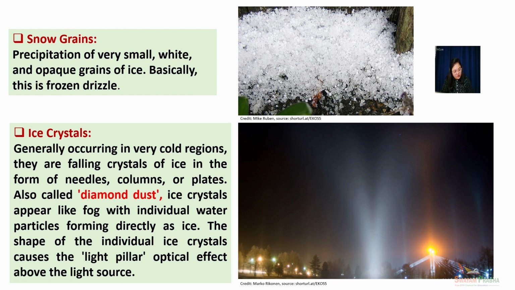They are also called diamond dust sometimes because ice crystals appear to look like fog, with individual water particles forming directly as ice. The shape of the individual ice crystals causes the light pillar optical effect above the light source. It looks like an optical illusion, mostly like shining diamond particles scattered in the sky. So these were the main forms of precipitation which we have on our planet.